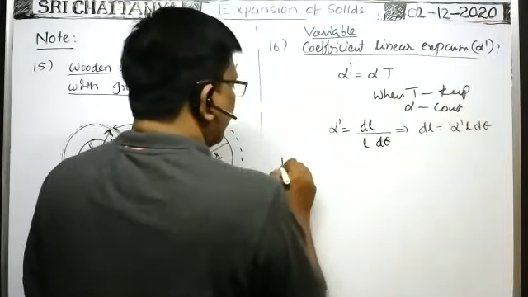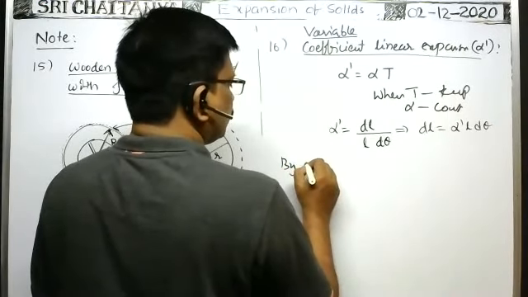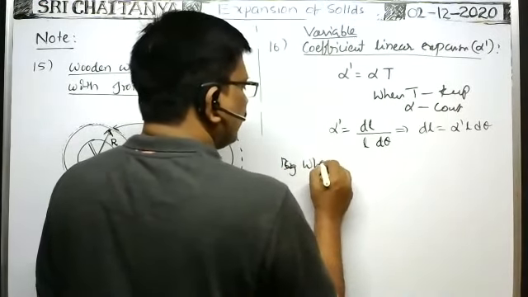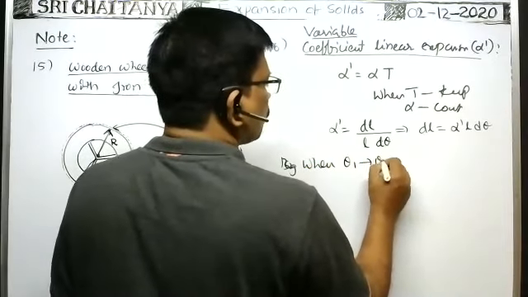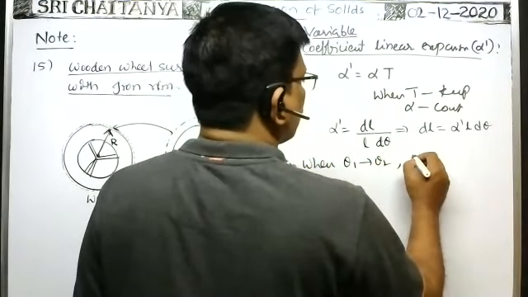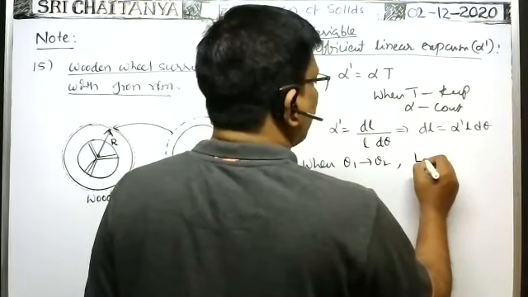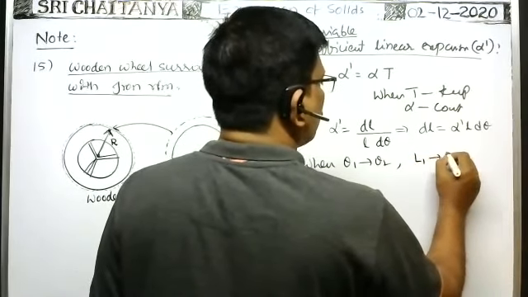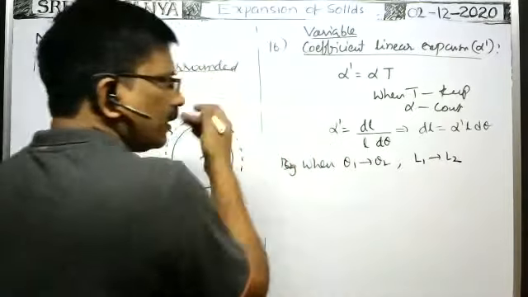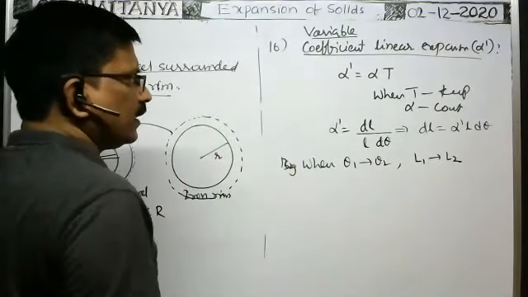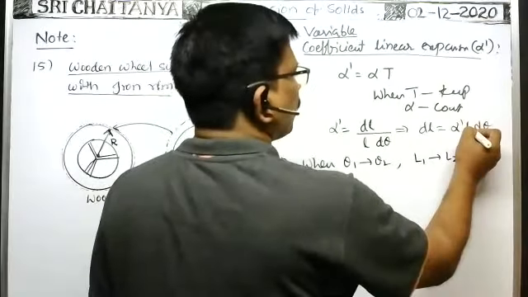When temperature increases from theta 1 to theta 2, suppose the length of the rod increases from L1 to L2. Say the initial length of the rod is L1. That's why here we have to write L1.